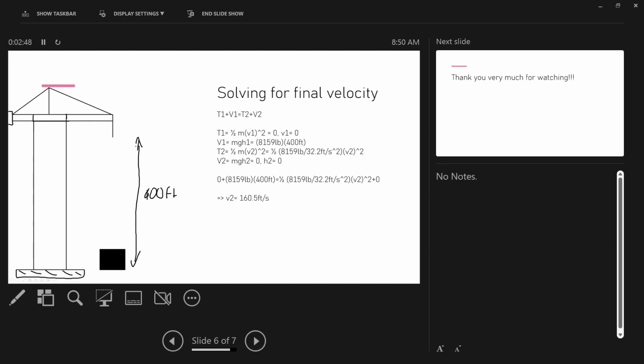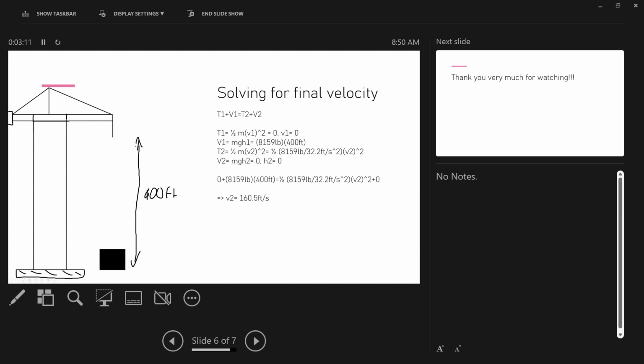And here we are solving for the final velocity. Using the principle of conservation of energy equation we have, here we have the starting kinetic energy, which is 1/2 mass times the initial velocity squared. It will be equal to 0 because the initial velocity is 0.